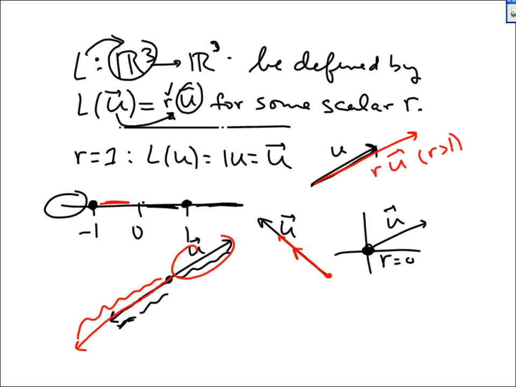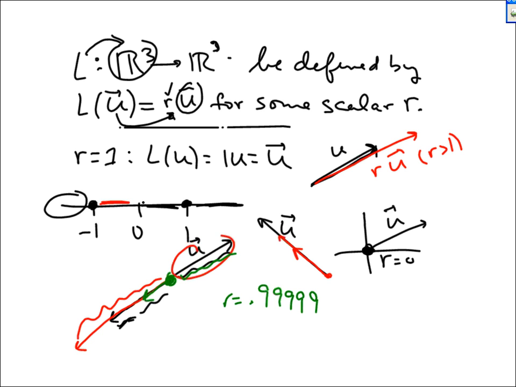If r is between negative 1 and 0, then it would be shorter. It would start at the same place as u started, but it'd go in the opposite direction, but not quite as long as that. A little bit shorter, maybe almost as long, like what if r was almost 1, 0.99999? Almost as long, just ever so slightly less.